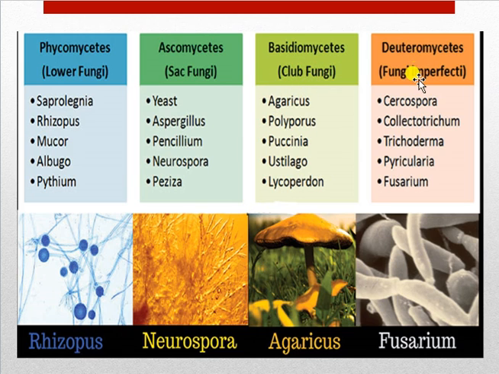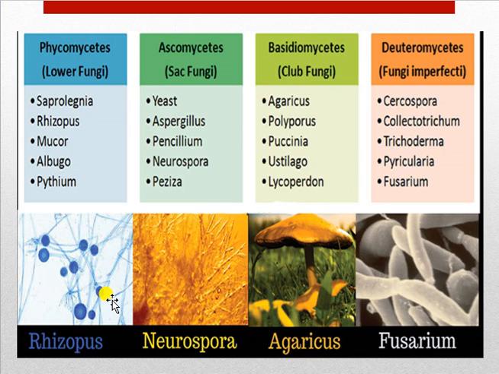And the last one, fungi imperfecti, Deuteromycetes, includes Sarcospora, Colletotrichum, Trichoderma, Pyricularia and Fusarium. The Fusarium figure has been given, and Trichoderma is also a name known to us. These are the examples of the various fungi classes, and one representative fungus from each category has been shown in a figure.